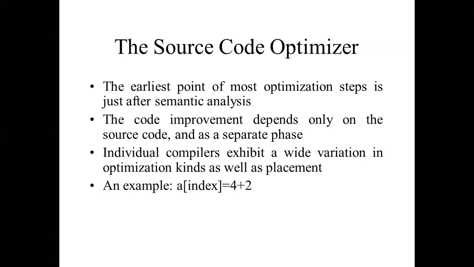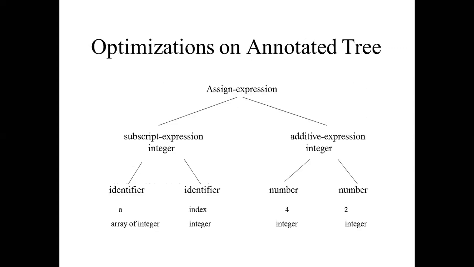Here we are checking only for a particular string, A index 4 plus 2. Again the same thing, subscript expression. Here we are not writing the plus sign or the equal sign; we are just going to remove them.